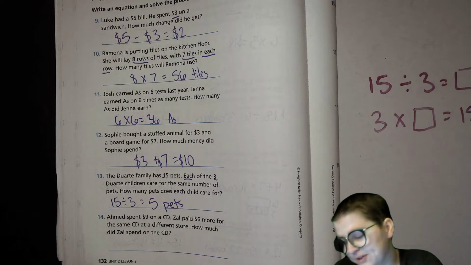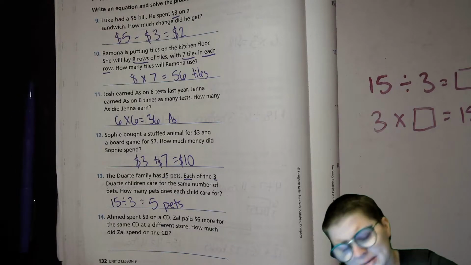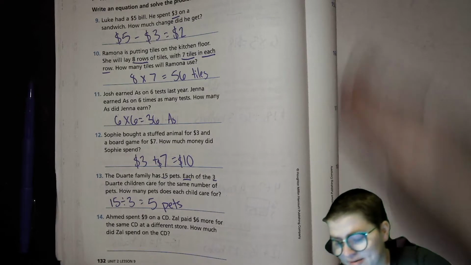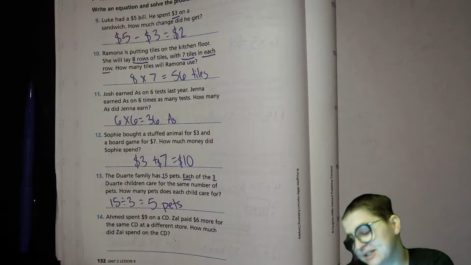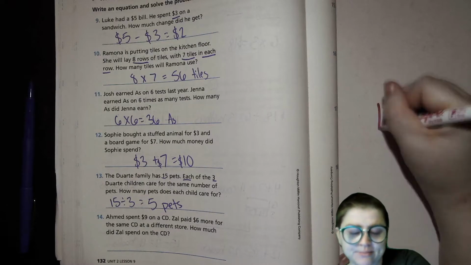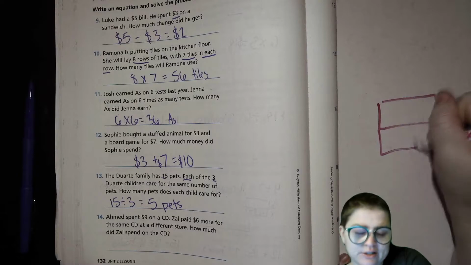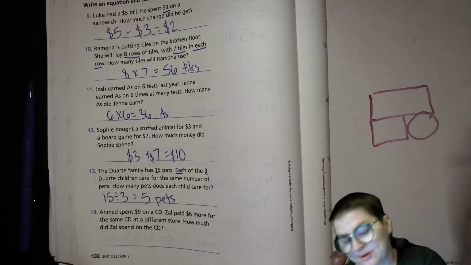All right, number 14. Ahmed spent $9 on a CD. Zal paid $6 more for the same CD at a different store. How much did Zal spend on the CD? So I'm going to do another comparison bar here for you. And you should do the same. So who spent more?